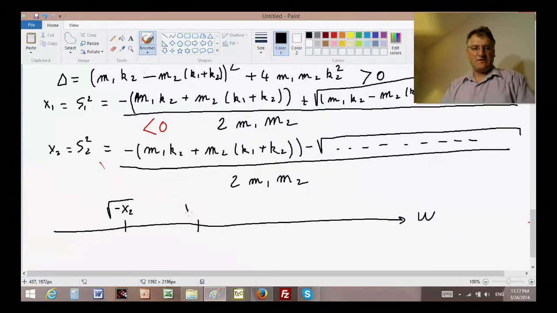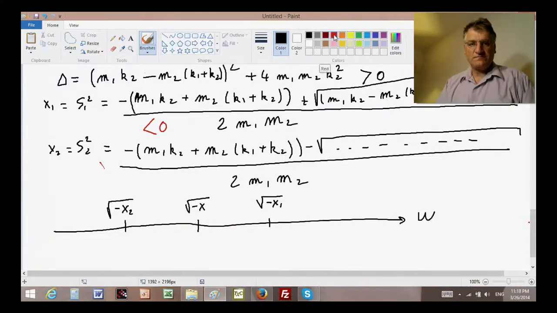Then I hit square root of minus X. Then I hit square root of minus X1, and the amplitude will look as follows.